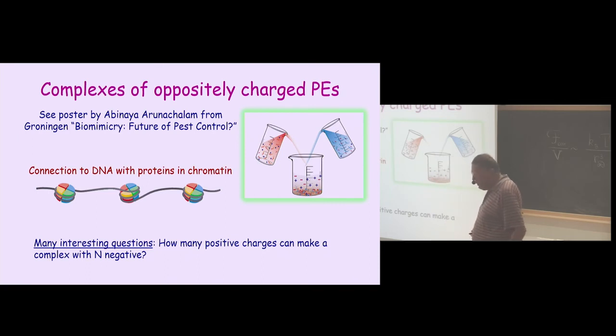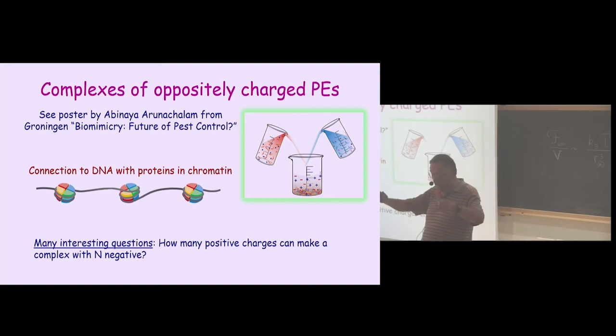There are many interesting questions here. I told you a little bit about what happens if two chains of the same charge come together and form a complex. But how about the more realistic case when one of them is longer and has more charges than the other?